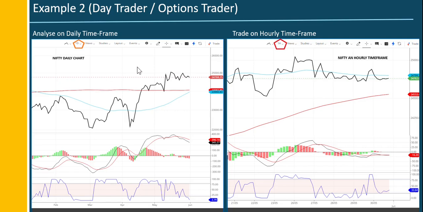So once my analysis is done, I will go into hourly and try to buy the calls at the bottom levels. I will even try to sell the puts when the price is at the bottom. That's how it will help to accumulate the profit. So if my indication is that price is going to rise, I will try to buy the calls when, as you see over here, calls will be cheaper at the end of MACD, at the lower end of stochastics.